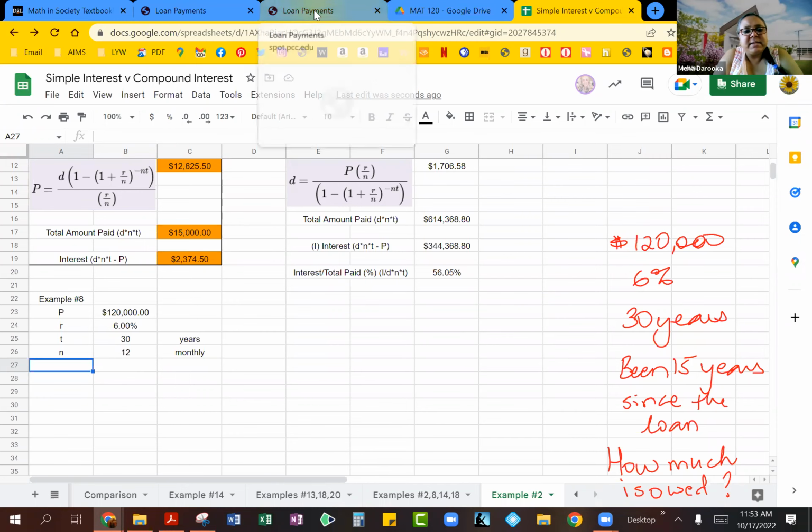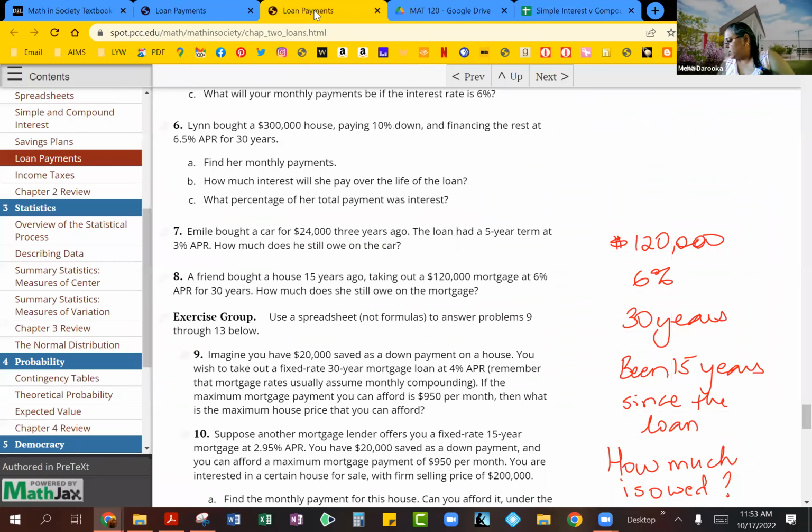So again, if you want to see the question, that's question number 8 over here. A friend bought a house 15 years ago, taking out a $120,000 mortgage at 6% APR for 30 years. How much do they still owe towards this house?